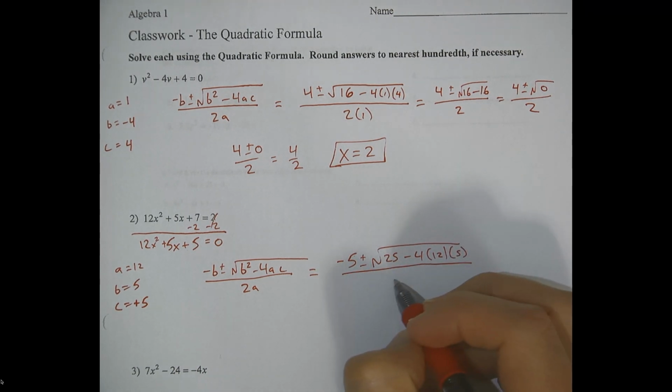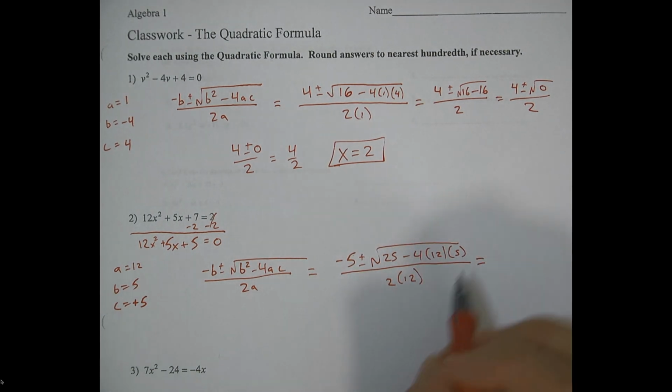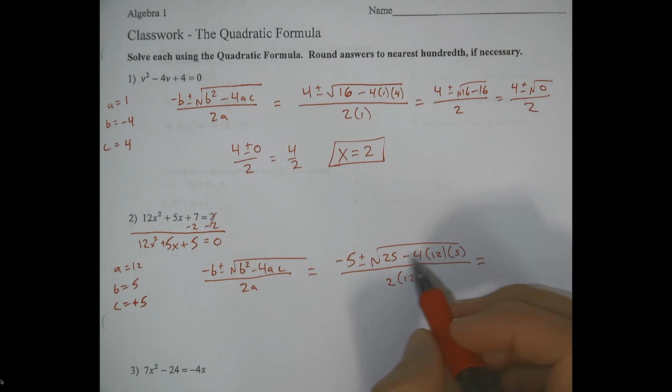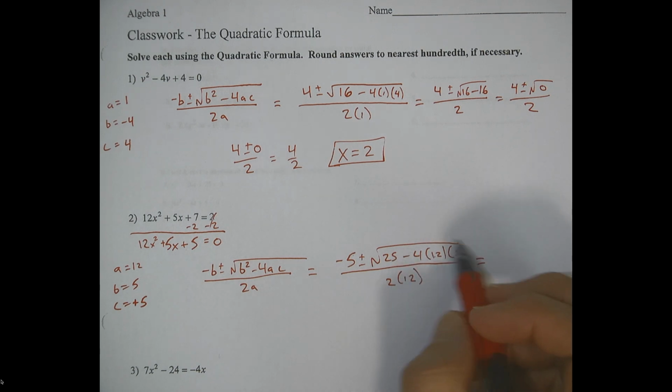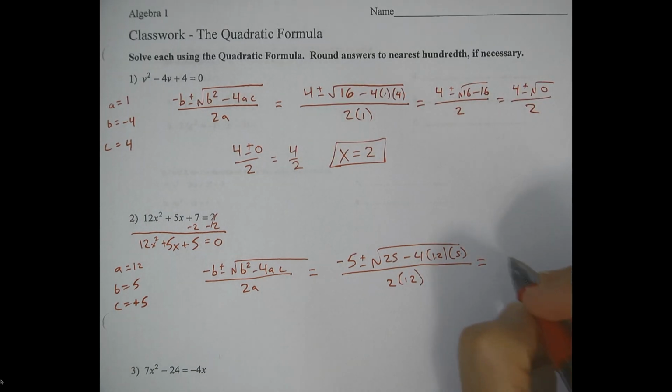All of that over 2 times a, so 2 times 12. All right, so if I run this right here, I can see that's going to be a pretty big number, and there's only one negative here, the 4, so it's going to stay negative. So this is going to be 25 minus a big number, meaning we're going to get a negative as the discriminant, which means there's going to be no solution here, but let's show our work.